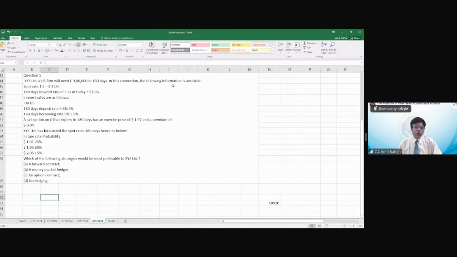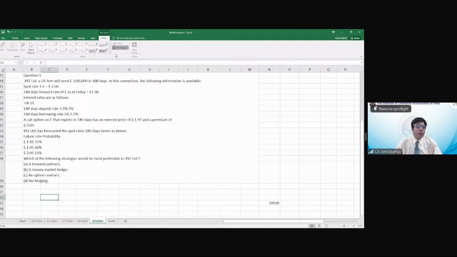In this connection, the following information is available. Spot rate, £1 is equal to $2. 180 days forward rate of pound as of today is equal to $1.96. Interest rates are as follows. So we are given the interest rates of UK and US respectively, right?